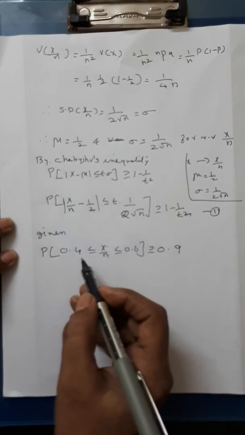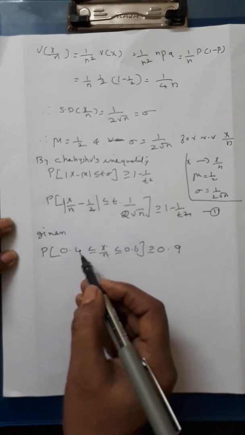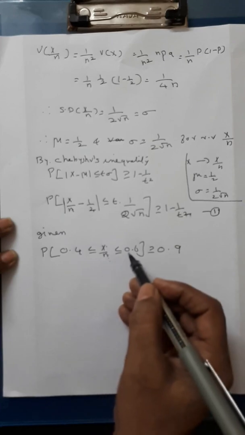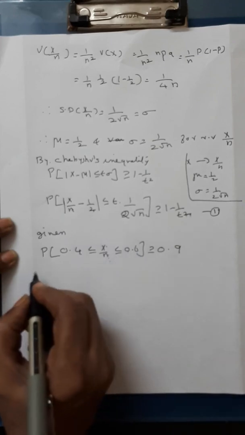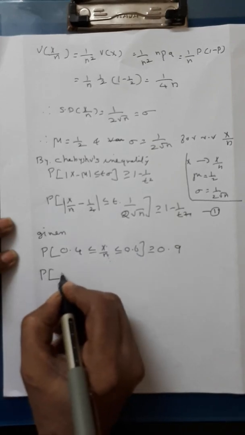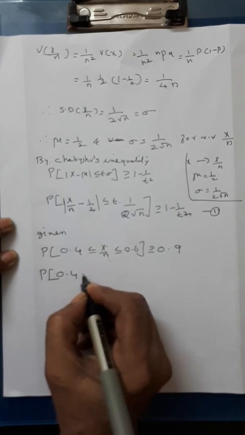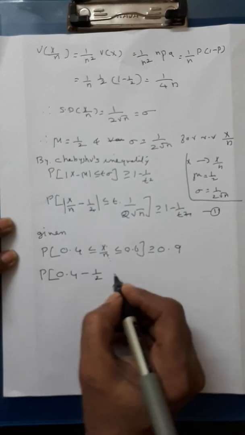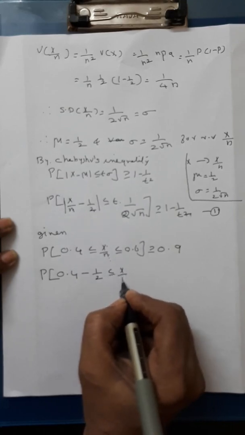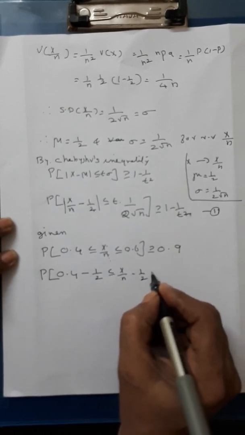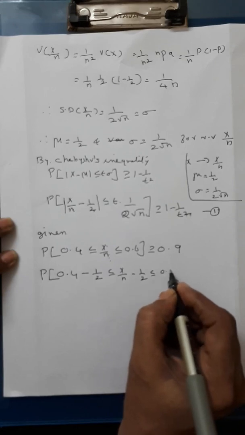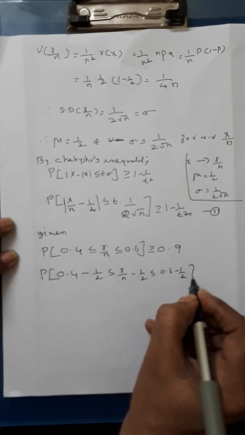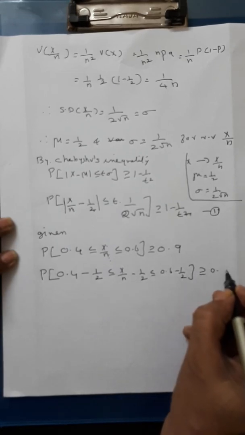So we subtract 1 by 2 from 0.4, x by n and 0.6. So P of 0.4 minus 1 by 2 less than or equal to x by n minus 1 by 2 less than or equal to 0.6 minus 1 by 2 is greater than or equal to 0.9.